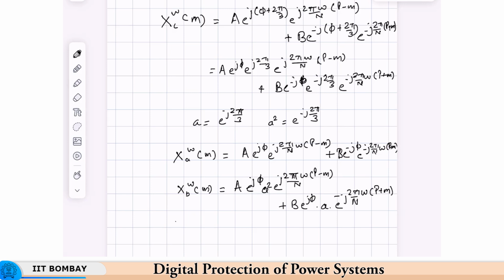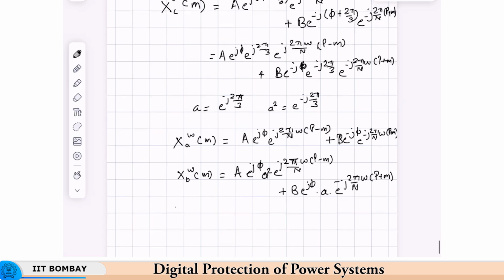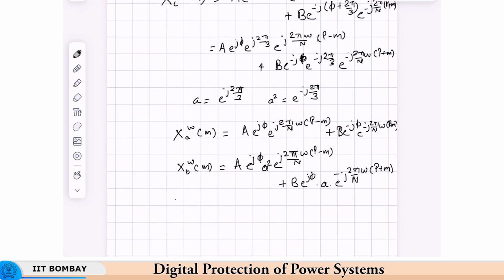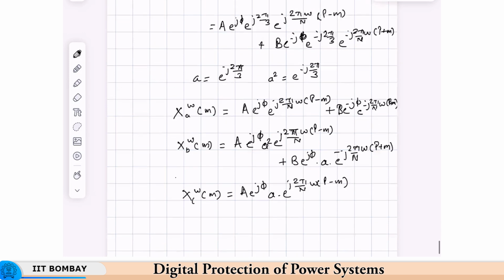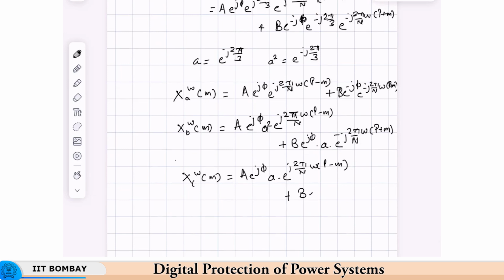Similarly for c, because it is j 2 pi by 3, then this should be minus.